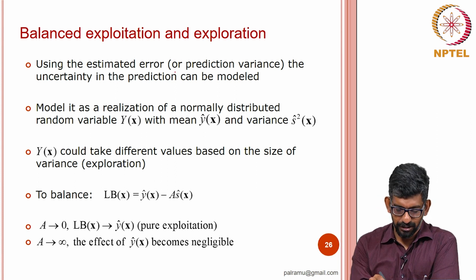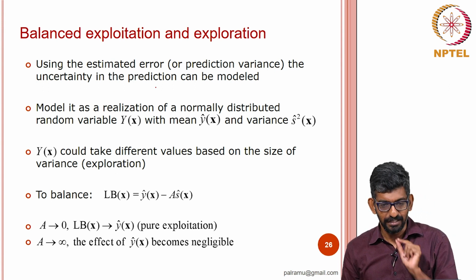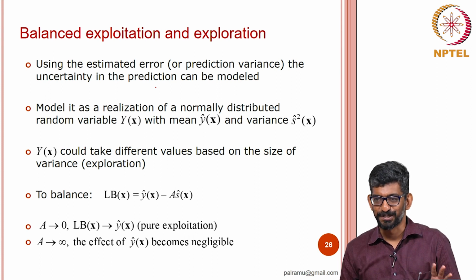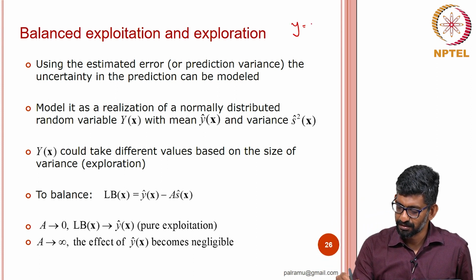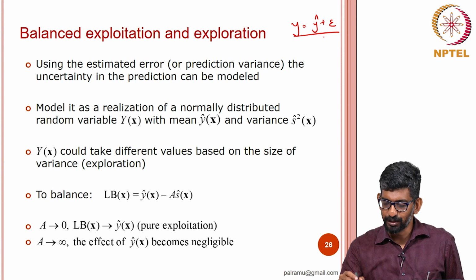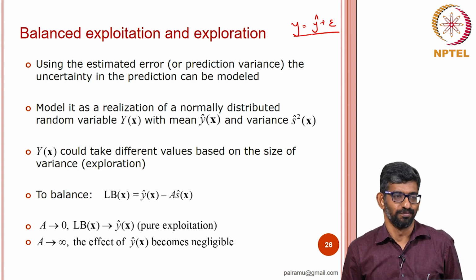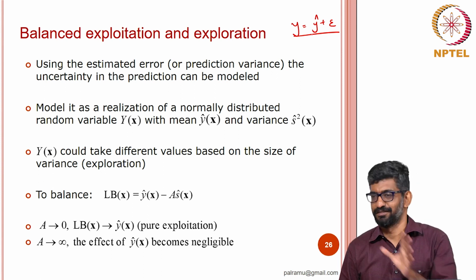We have already talked about this: the estimated error, or the prediction variance, the uncertainty in the prediction, can be modeled. Here is a very interesting concept, please stay with me. You remember this that we have discussed? We always comfortably say y equals y hat, that is not true. y is modeled as y hat plus error.